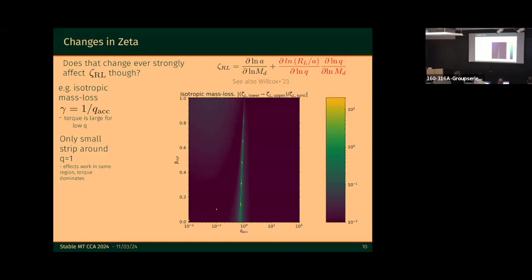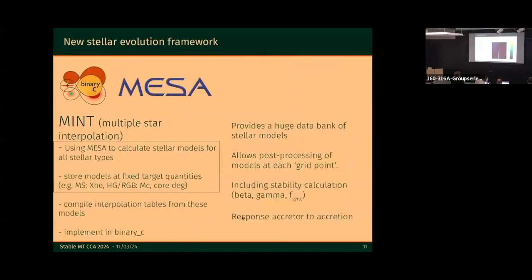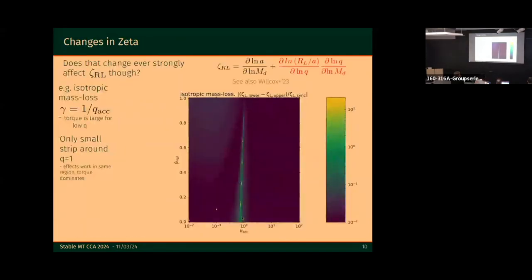There is this very tiny strip where things might be slightly different, but the zeta is already very small here, and I don't think this is going to be a very dominant effect on the stability. But small asterisk, this is quite preliminary, and we may find that there are some more features.